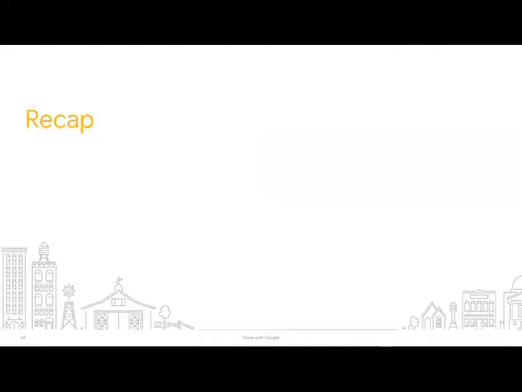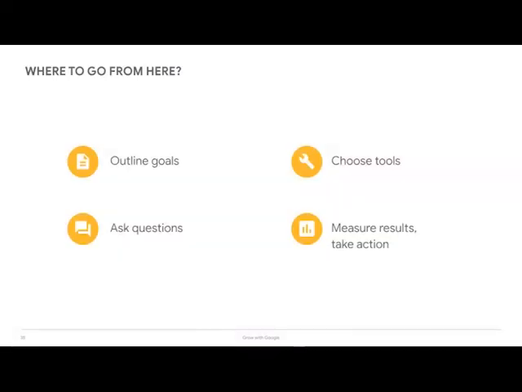All right, moving on to our recap, and then we will jump into whatever questions that we have. And Kim, you can help me with that. The places you go from here are to make sure that you are always outlining goals ahead of time. Make sure they are SMART goals. Ask the right questions across this entire customer journey.